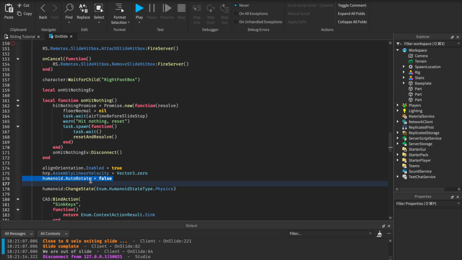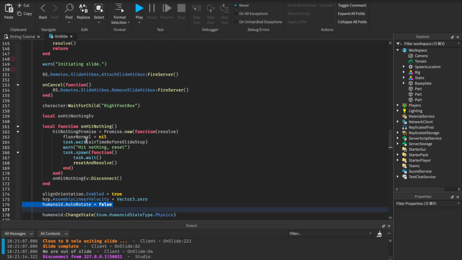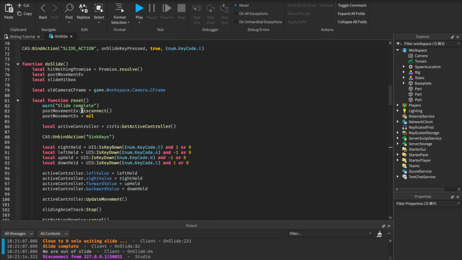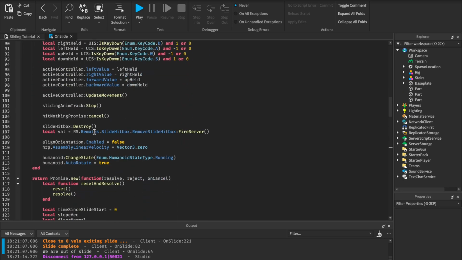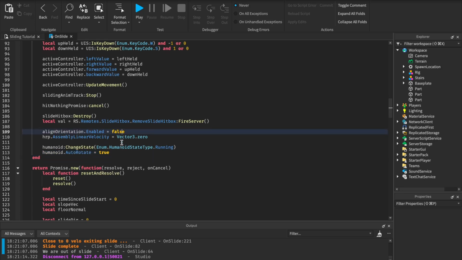And we don't want that because we want to do the rotation ourselves. And so I set that to false when we initiate the slide, and I set it back to true when we stop sliding. So when we stop sliding and we're still in shift lock mode, it should resume the regular behavior of the character facing in the direction of the camera.